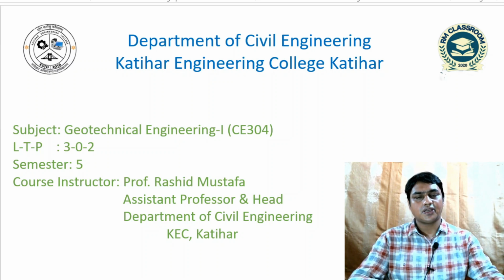So bulk density can be computed as W2 minus W1 divided by volume, and after that the same soil is taken for the determination of moisture content, and with the help of this moisture content the dry density is computed. In the next lecture I will discuss the other two methods to compute the field density, that is the sand replacement method and the water displacement method, and after that I will discuss soil classification.